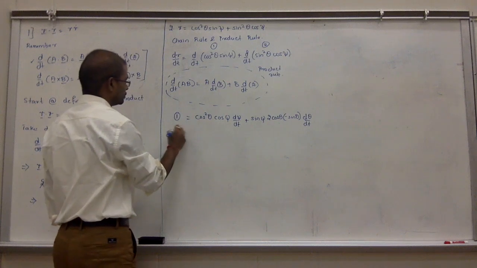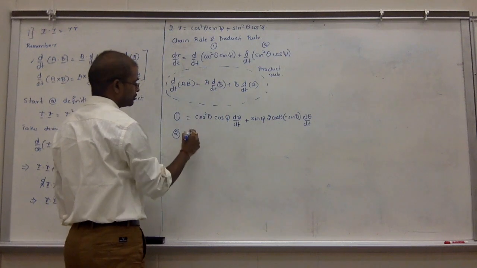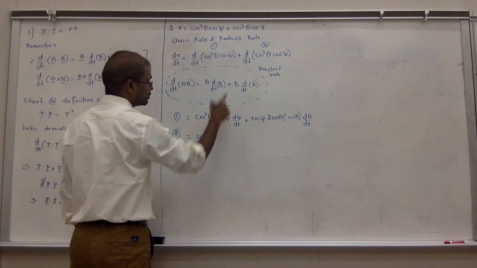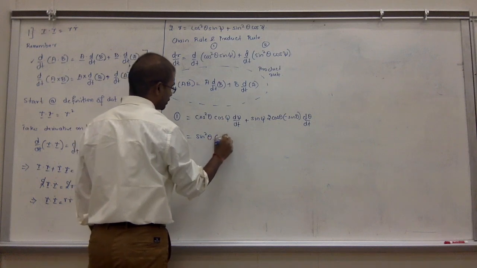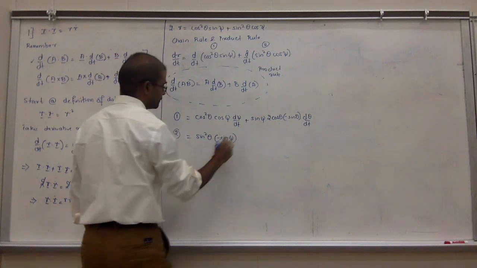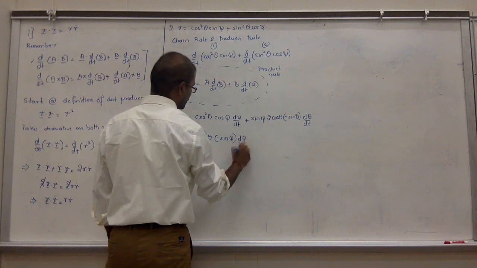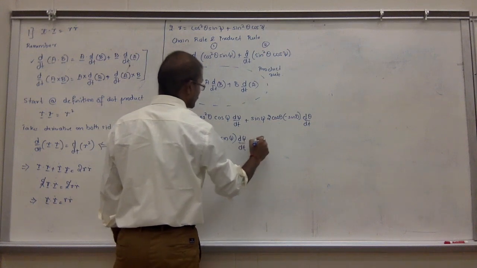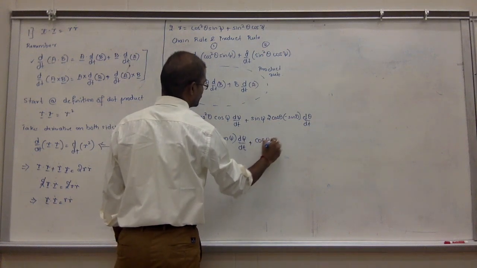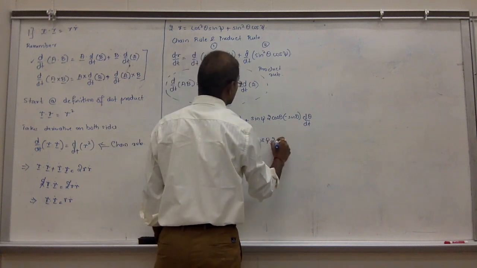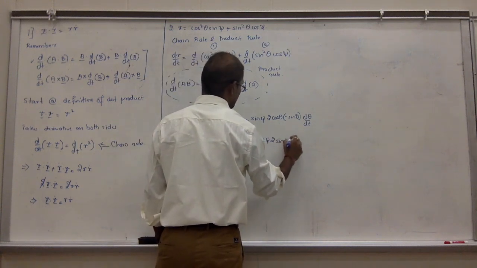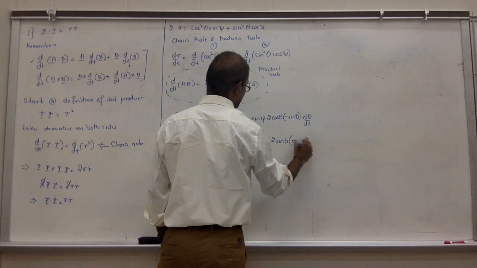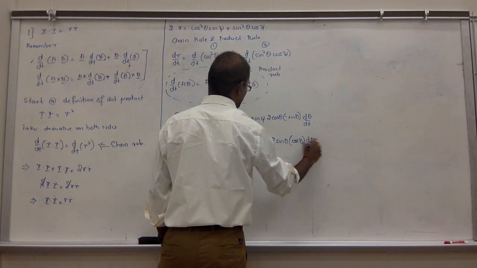The second term will be sine square theta cosine psi, whose derivative is minus sine psi d psi by dt, plus cosine psi times 2 sin theta, and the derivative of sin theta is cosine theta d theta by dt.